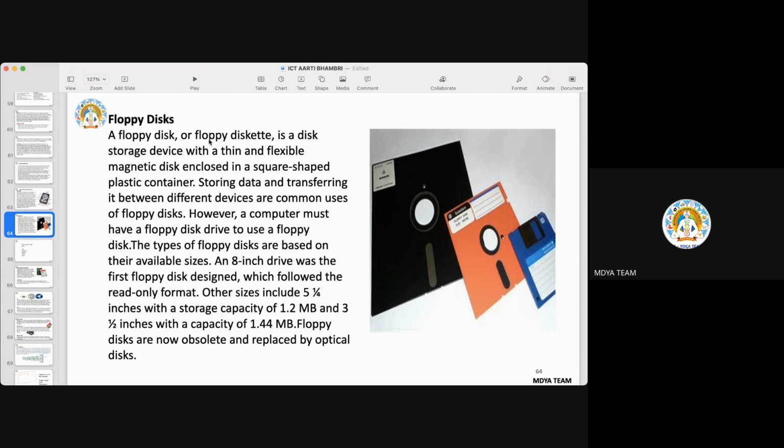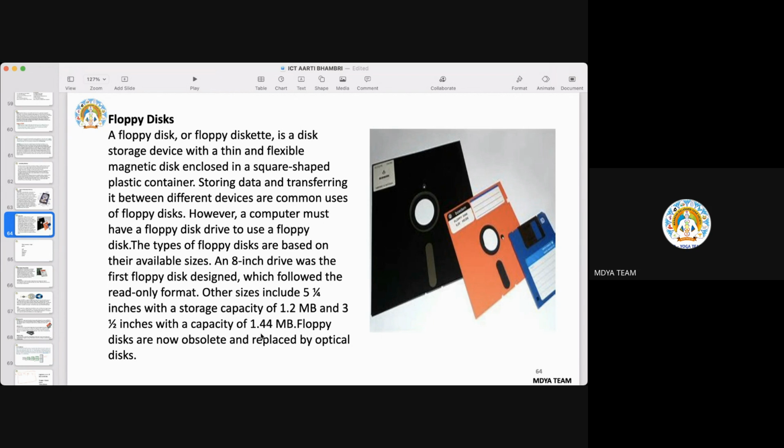It's very thin and flexible, and earlier, not in laptops but on desktops, there were slots to insert the floppy disk drive. You can insert this floppy disk into the computer system, and again the function is the same: to store and transfer data from the computer to the disk, or from the disk to the computer.